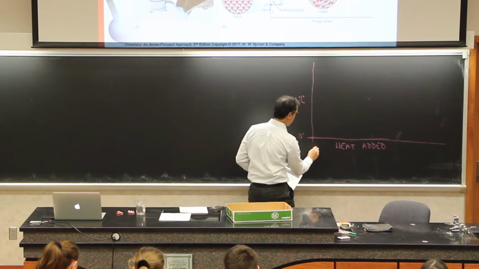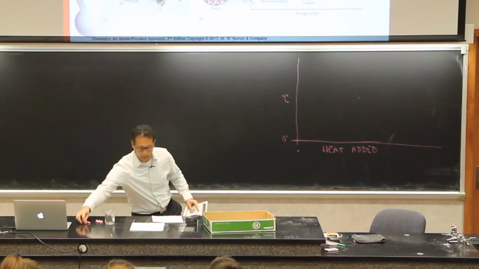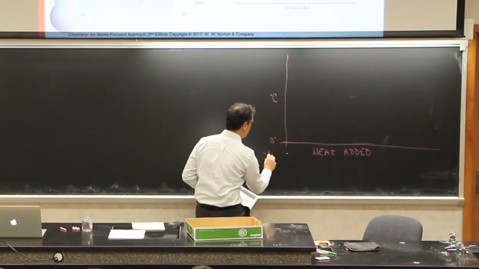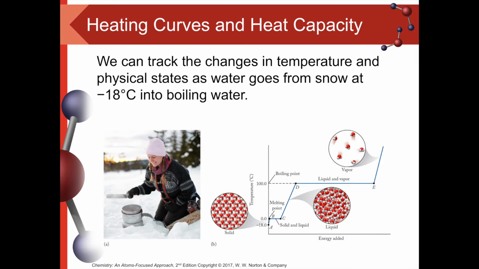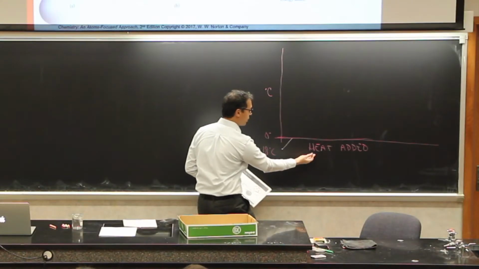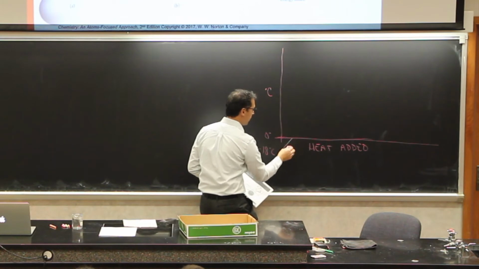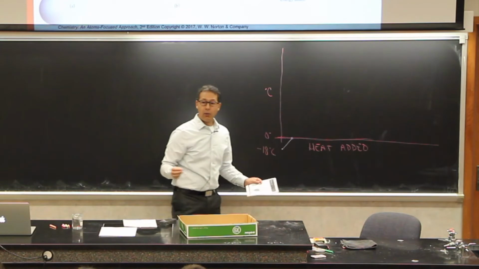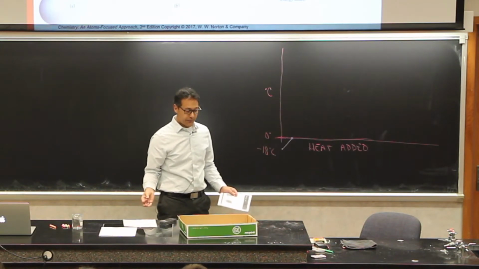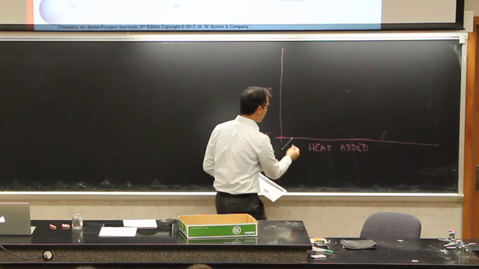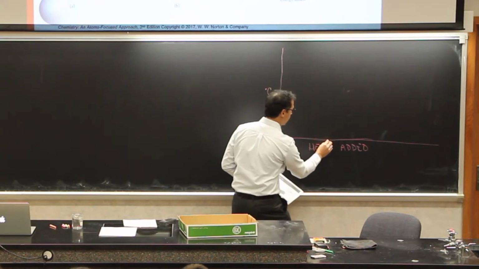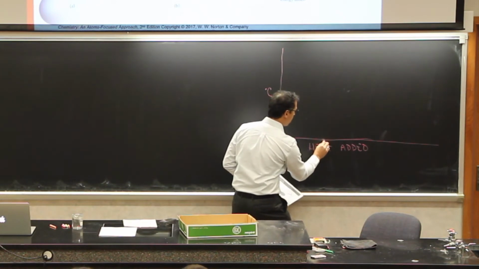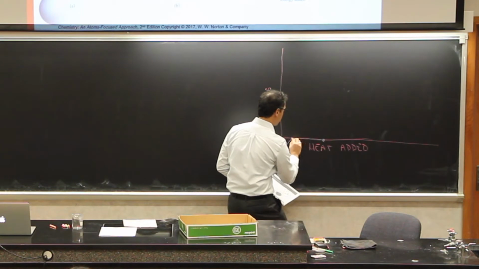As we heat that ice up to 0, we're going to add some energy to it until we get it to 0 degrees. And once it's at 0 degrees, we would melt it. We would add heat energy, and that ice would melt as we're going from here to here.